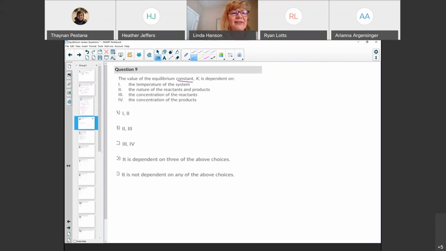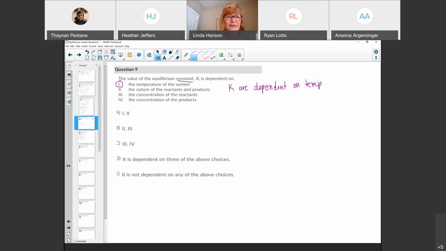So I want to emphasize that Ks are dependent on temperature. And you will get a new established number for an equilibrium constant if you warm or if you cool a reaction, depending if it's exo or endothermic.